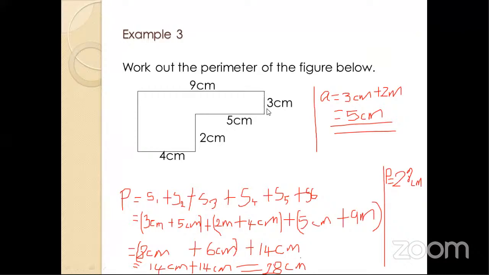Where did we get the 3 centimeters? Now, you look here. You see this 3 centimeters on this side? Yes. So I brought that 3 centimeters here. I think it is the same as here, so this 3 is the same as this one.